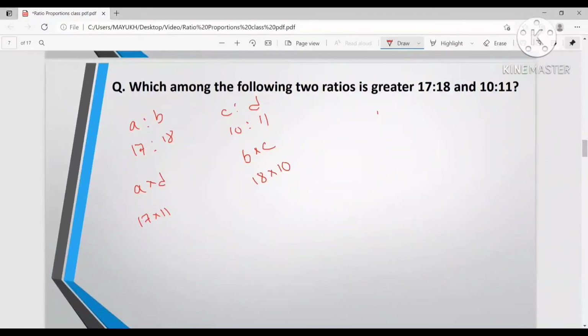Now if we do 17 into 11, we get 187 and I get 180 out. This is fairly clear that my 187 is greater than 180. Correct? From here, I can definitely conclude that my ratio 17 by 18 is greater than 10 by 11.